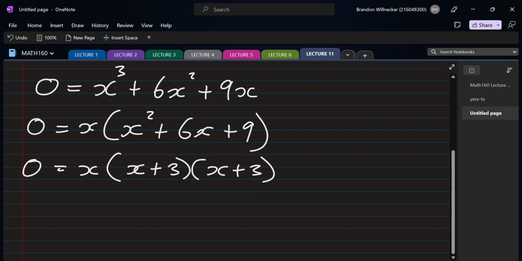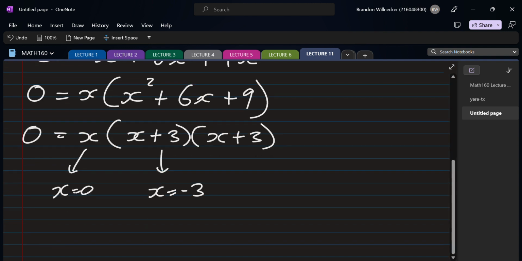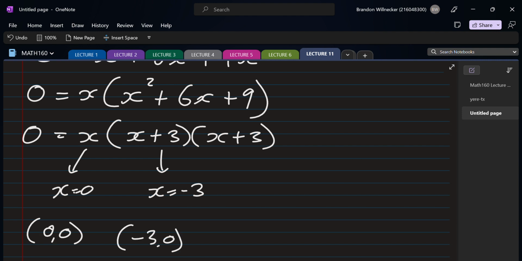But here we only get 2 solutions. From the first bit, we get x equals 0. From the second bit, we get x equals minus 3. The third bit gives us the same thing, so we don't need to write that again. So for the x-intercepts, we get (0, 0) and (minus 3, 0). Please do not swap those around. I've seen in the previous assessments when students have points, sometimes for the x-intercepts, they'll write (0, minus 3).